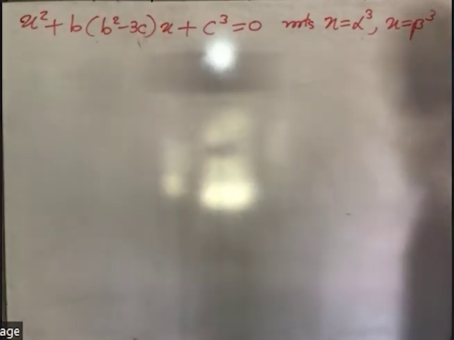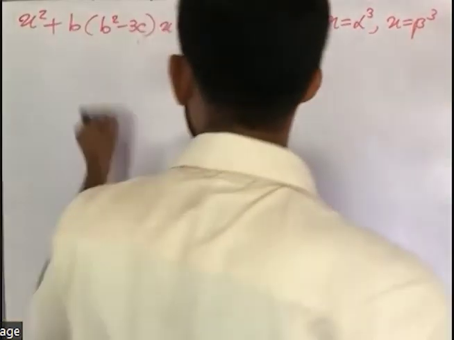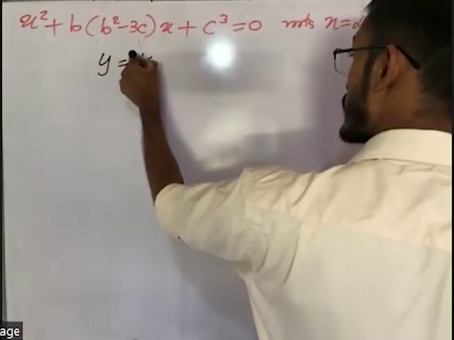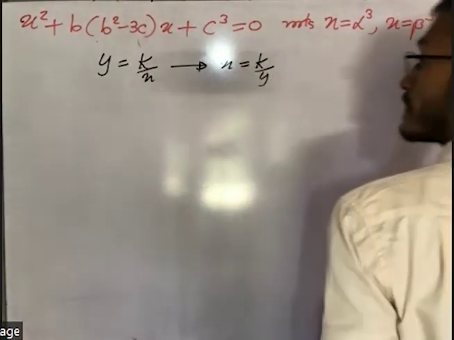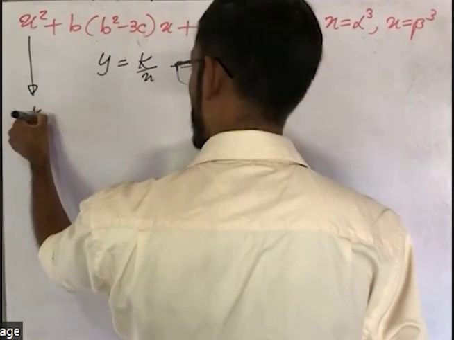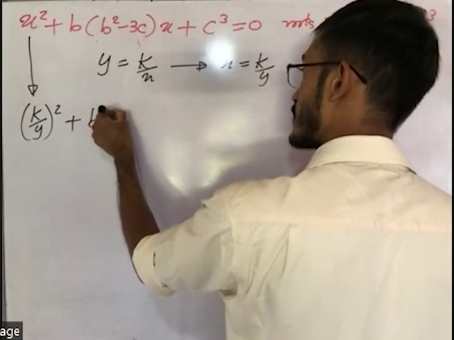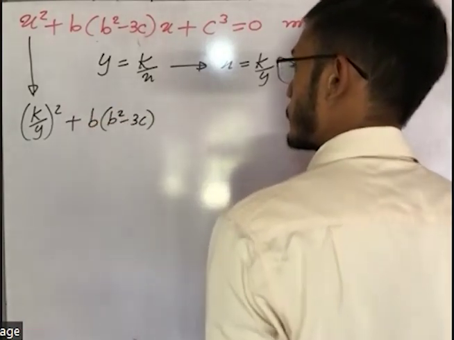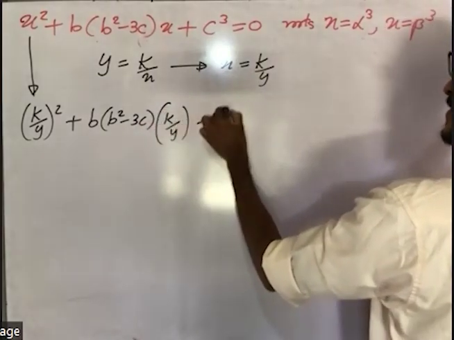These are the two roots. Now we took y equal to k over x. Therefore, x will be equal to k over y. Then we can write this as k over y square plus b into b square minus 3c, instead of x, again k over y, plus c to the power 3 equals 0.